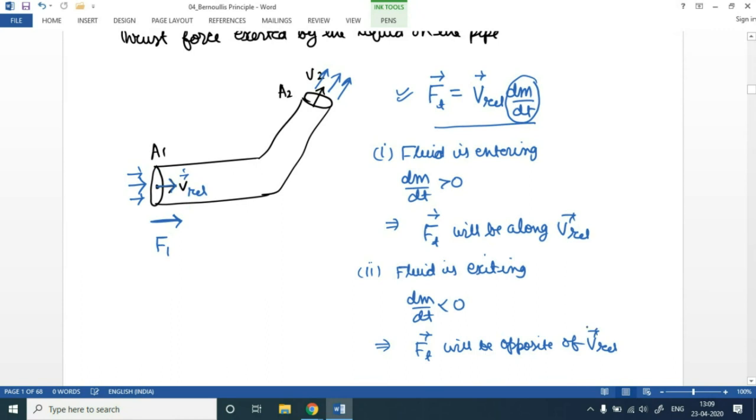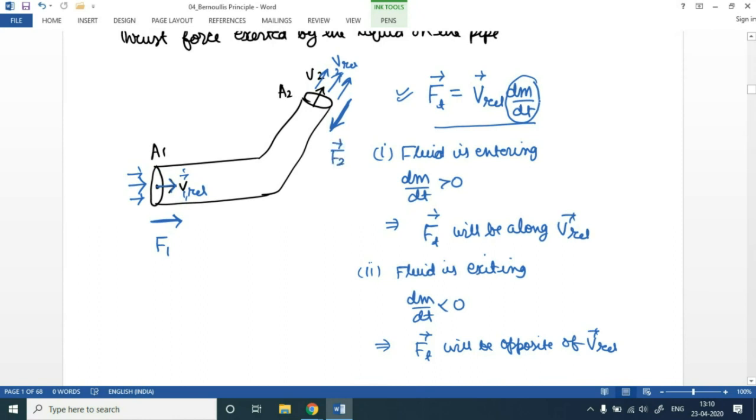Like in this case, when it is exiting with V2 relative velocity, and that was V1 relative, the force it is going to exert on this piping system is in the opposite direction of v relative. So this is going to be F2.